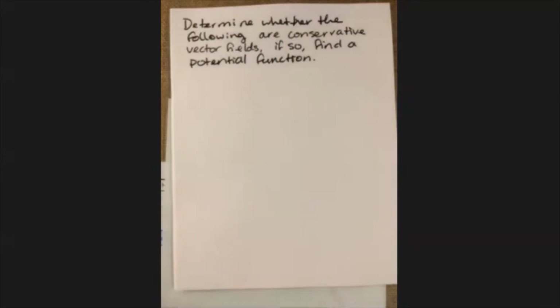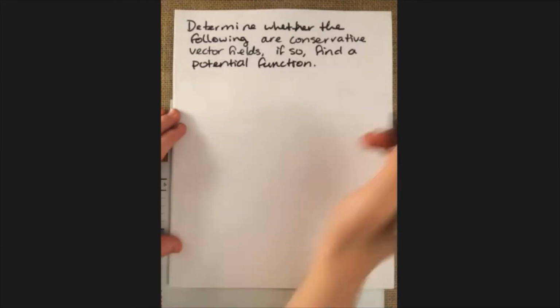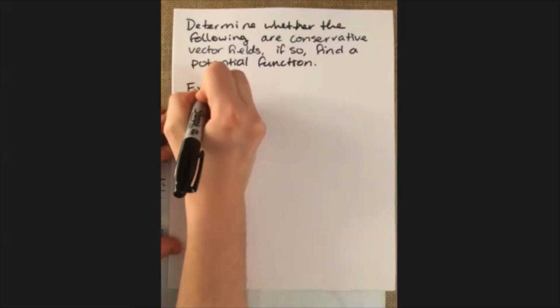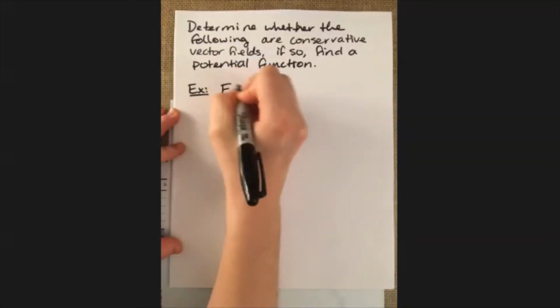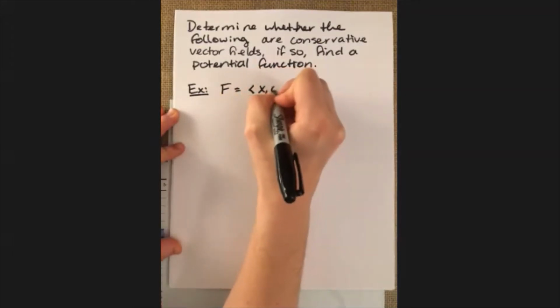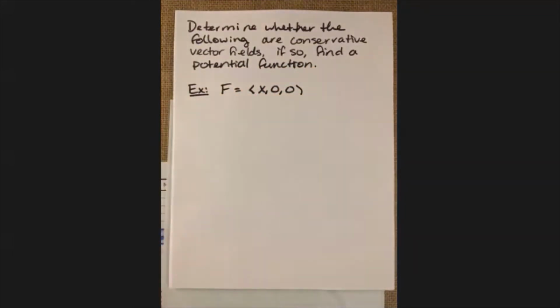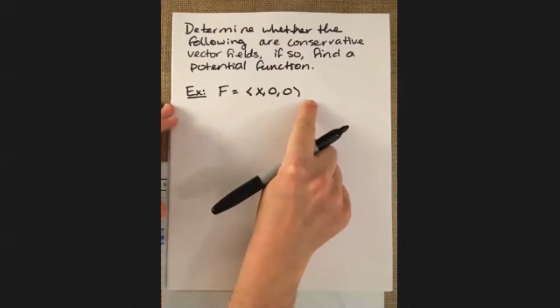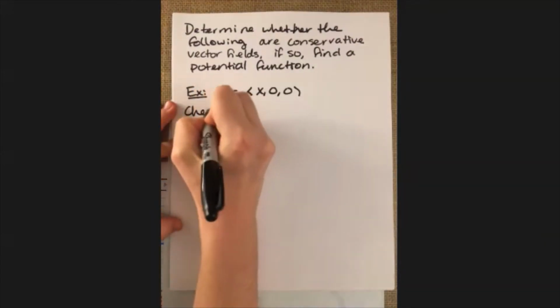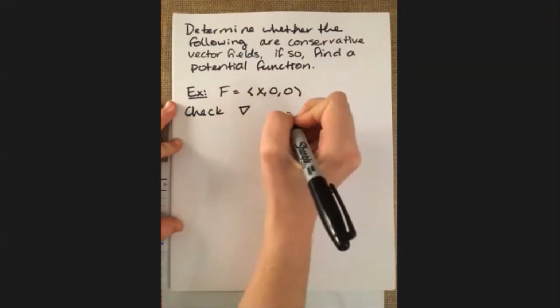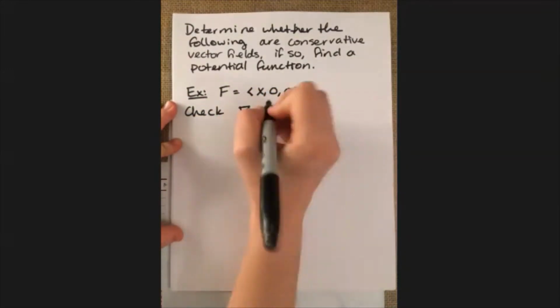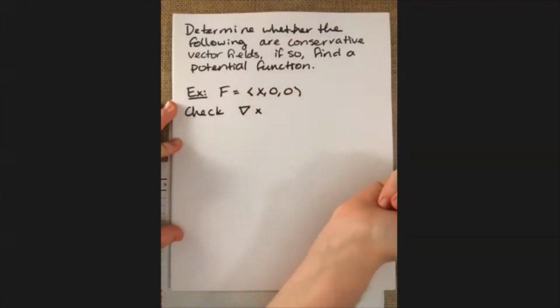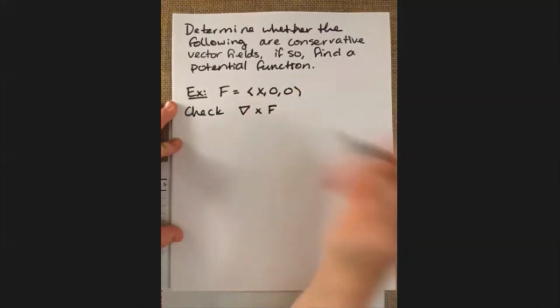All right. So for this one, our first example here is going to be the vector field with x, 0, 0, like so. And since we have a three-dimensional vector here, we're going to work with the cross product. So we're going to see what this gradient type operator crossed with F turns out to be.